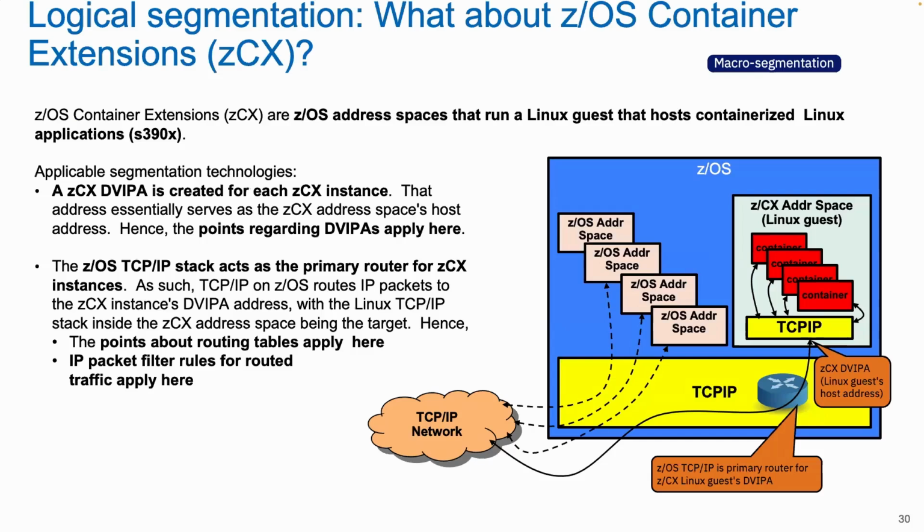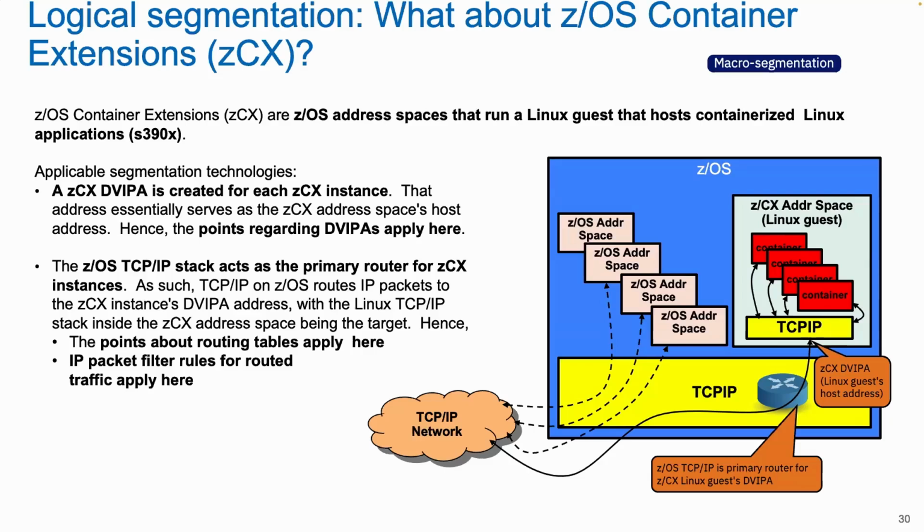So when the zCX address space is started on z/OS, a dedicated zCX DVIPA is assigned to that. And all the containers running within zCX can be addressed through that zCX DVIPA. So you can think of it as the Linux host IP address. In order to reach those containers running in the Linux guest over that DVIPA, the z/OS TCP/IP stack acts as a router here.